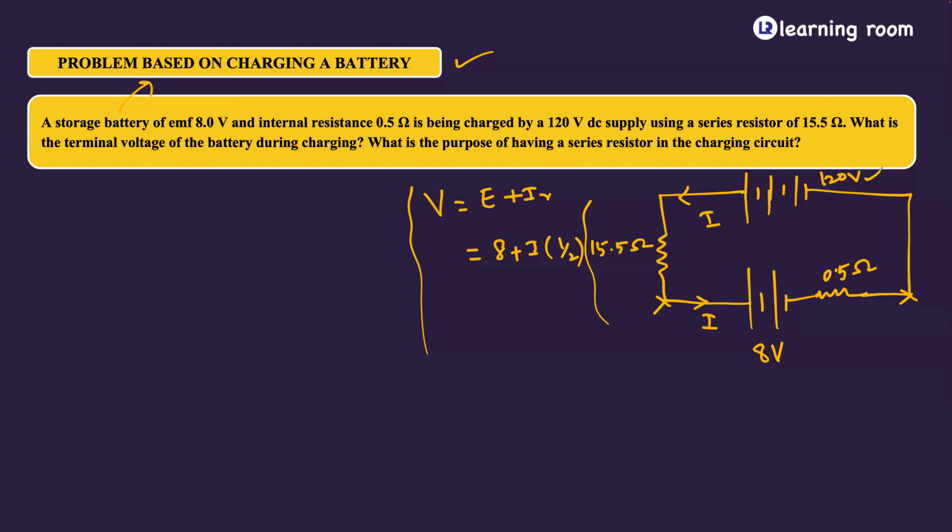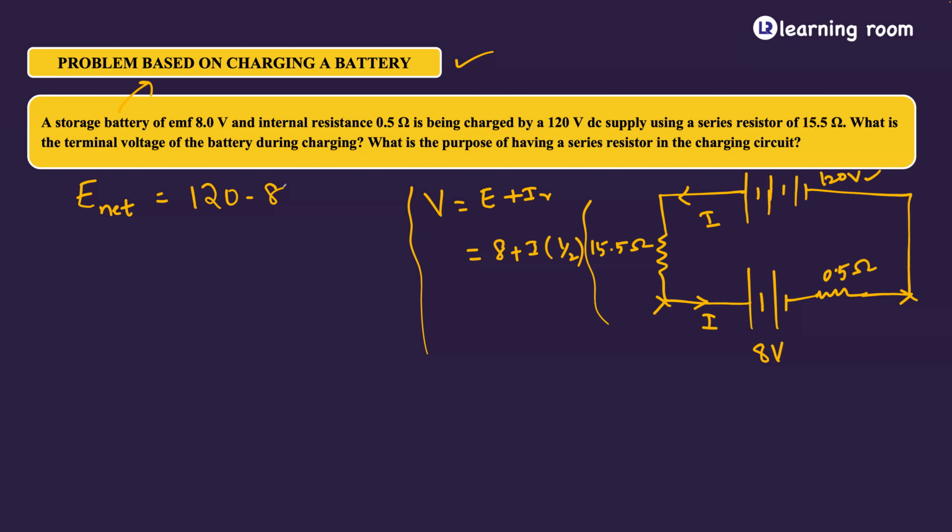What will happen? They'll get subtracted. So which one should get subtracted from the other? Obviously, which one will dominate among both? 120 will dominate compared to 8. So here the net EMF is no more going to be 120 or 8, rather it will be 120 minus 8.